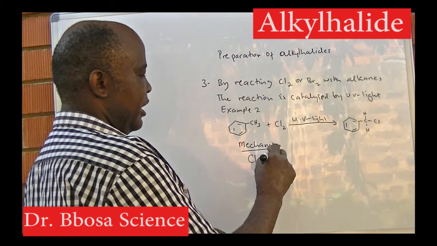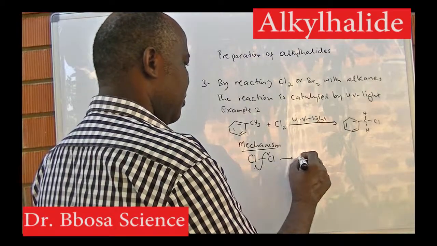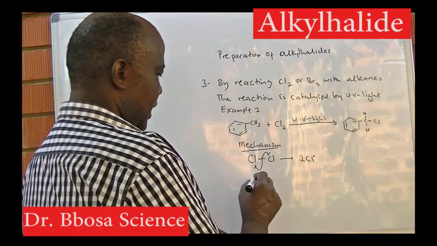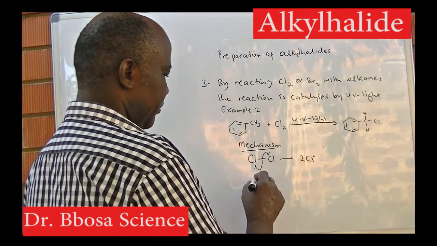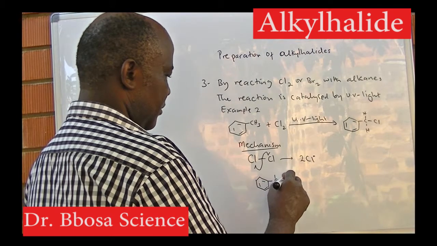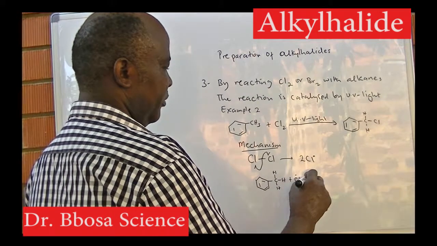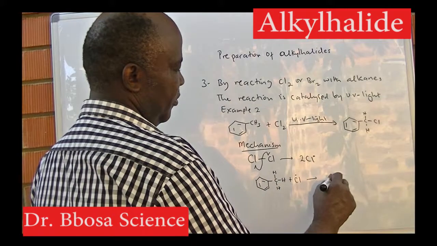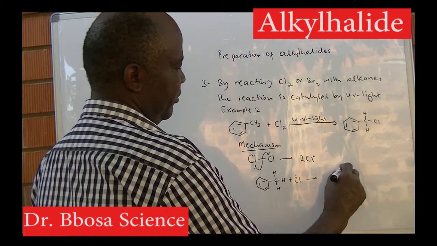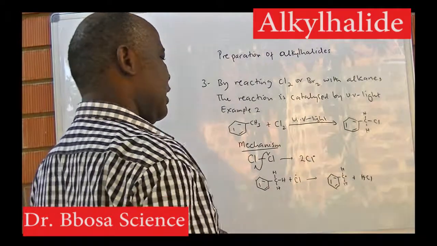Chlorine in the presence of UV light undergoes homolytic fission to form 2 chlorine free radicals. Then phenylmethane reacts with the chlorine free radical to form phenylmethyl free radical plus HCl.